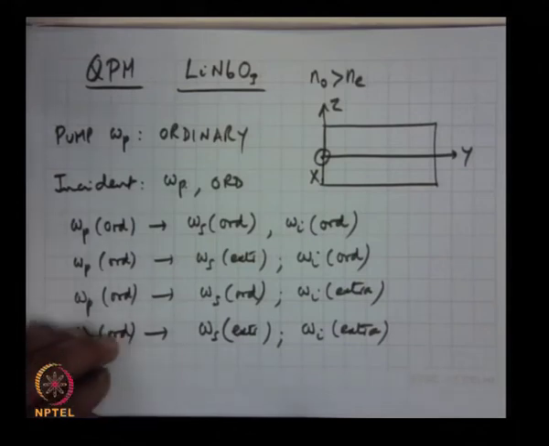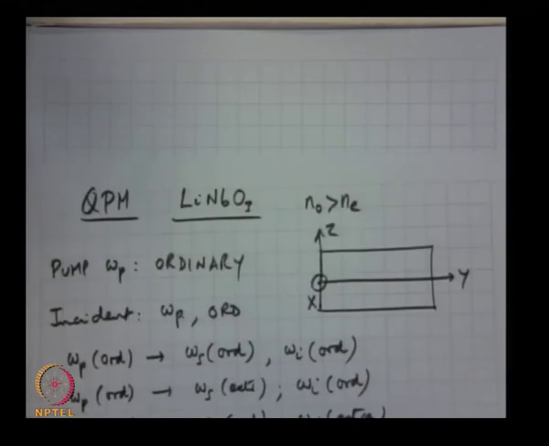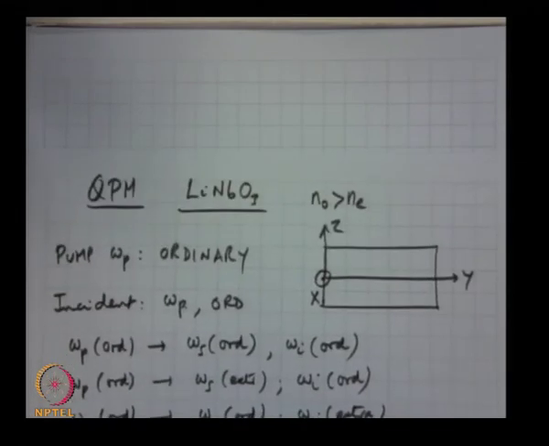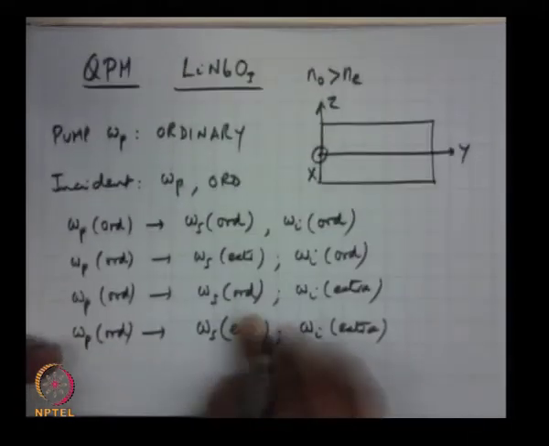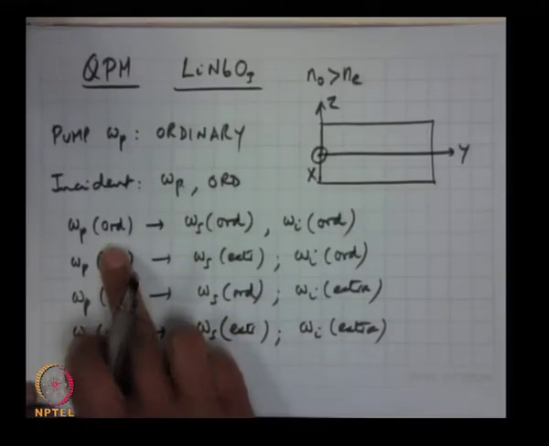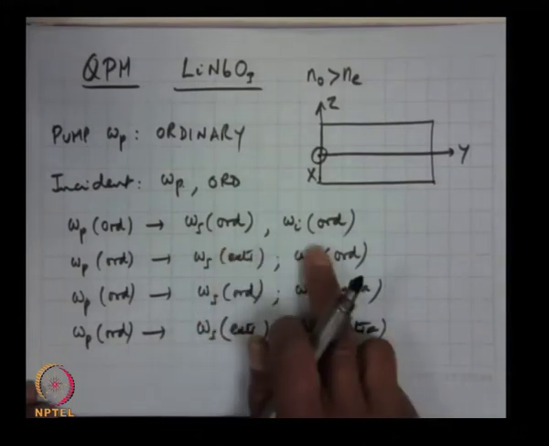So now, let me look at the first process. What is the polarization state of the omega p? Omega p is x-polarized because it is ordinary. Omega s is also x-polarized, and omega i is also x-polarized.